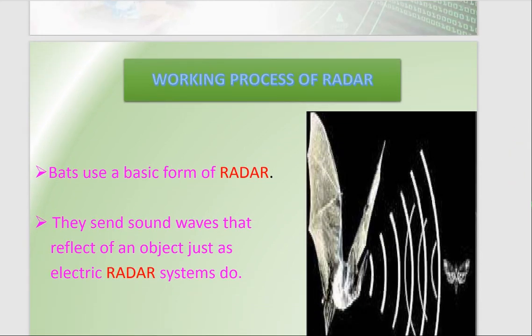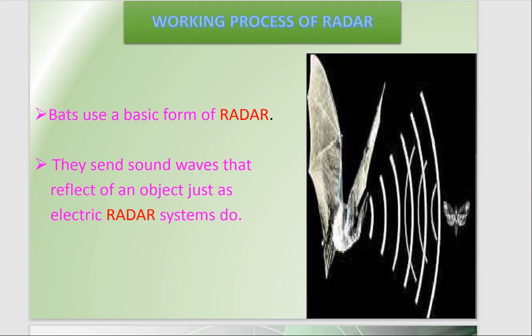Working process of radar. We all know from initial studies and from bachelor's and master's previous knowledge that we have heard many times, from examples given by teachers, that bats use a basic form of radar. They send sound waves that reflect from an object just as electronic radar systems do.